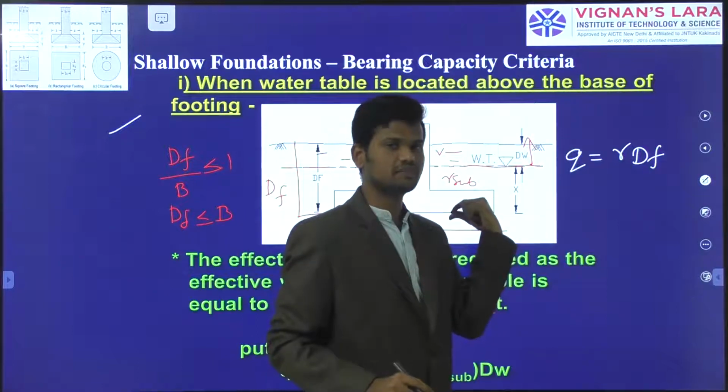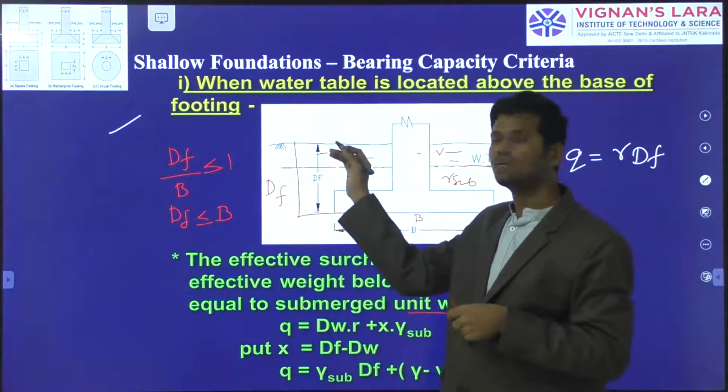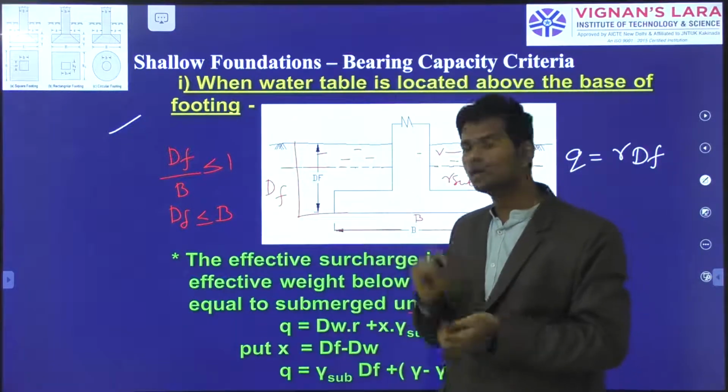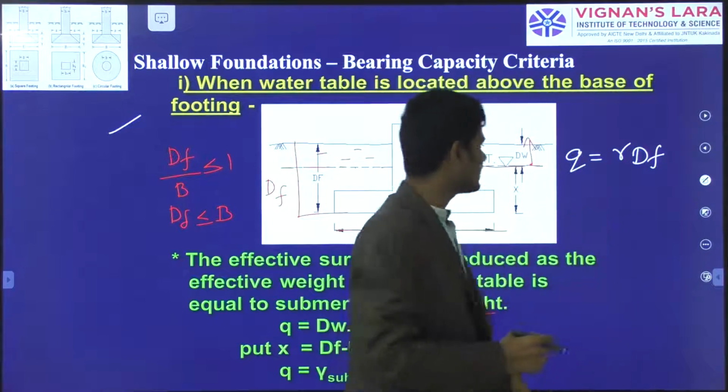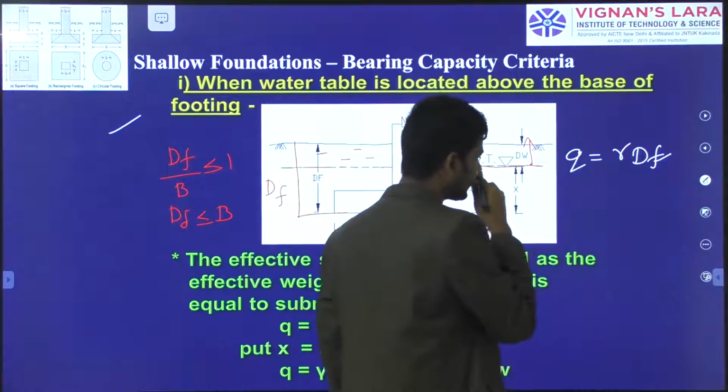If you observe our present condition, we have one type of soil above the water table and one type of soil below the water table. Hence the unit weight of the soil mass for this depth of foundation will change.